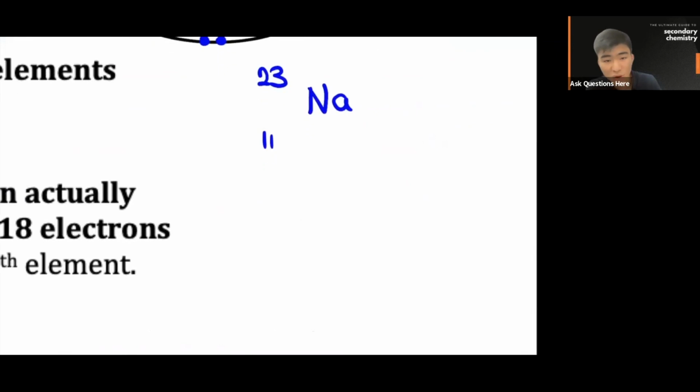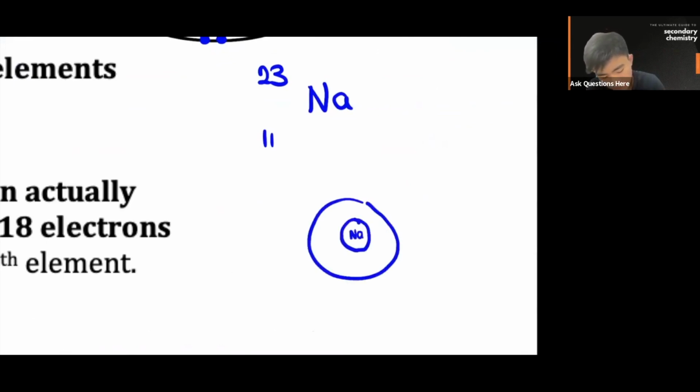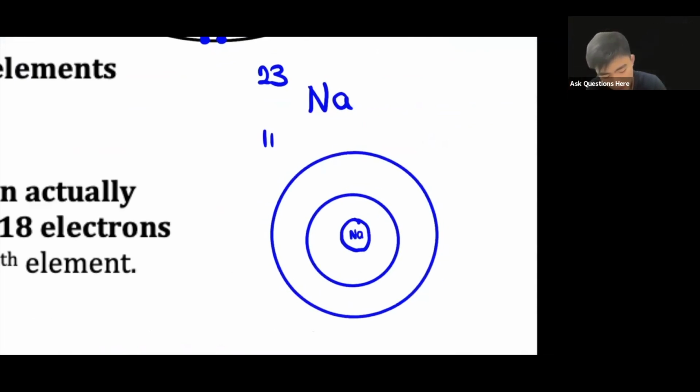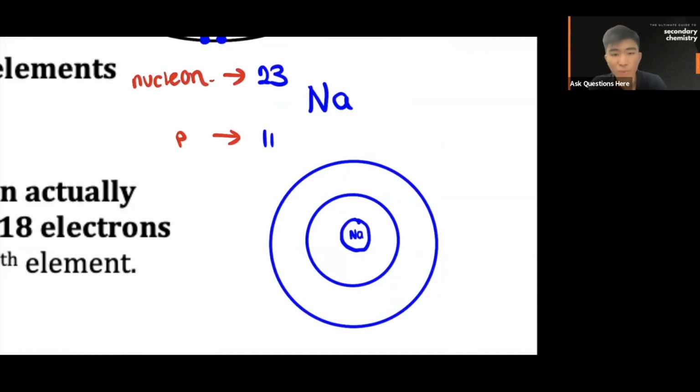I want you to draw out the electronic structure of this element. First you must draw the first shell, then label sodium. Okay, 3 shells for you. Try your best. Now, this is the proton number once again, and this is the nucleon number. So what information do you need? I have provided everything for you here.